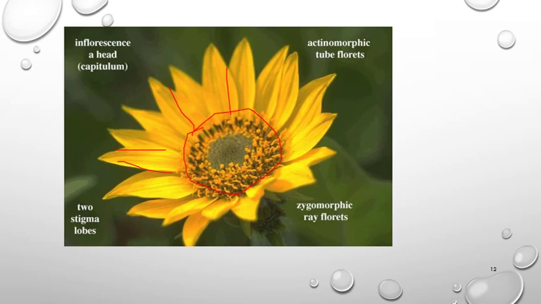We also call them tube florets. Tube florets are actinomorphic, while the ray florets are zygomorphic. The stigma is a two-lobed structure. So this is the general structure of this inflorescence.